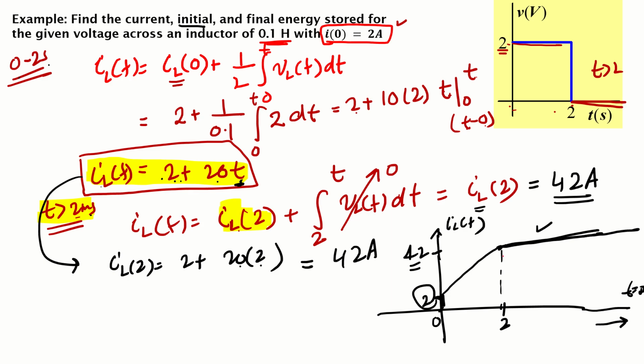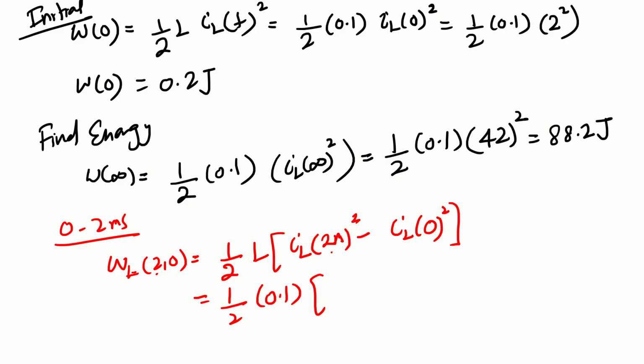What is the current at 2 millisecond? We know the current at 2 millisecond is 42. So 42 squared minus current at 0. Current at 0 is 2, right? So 2 squared. If you simplify this whole answer, that will become 88 joule.